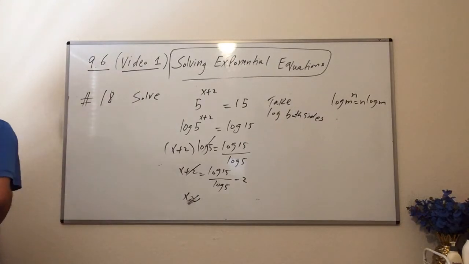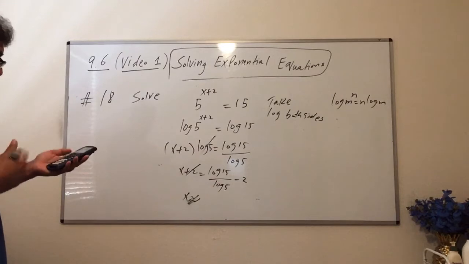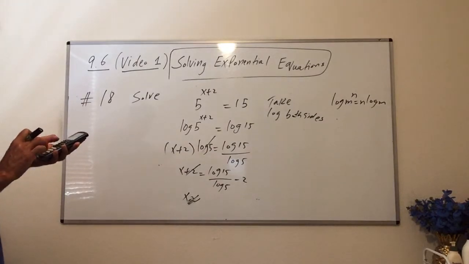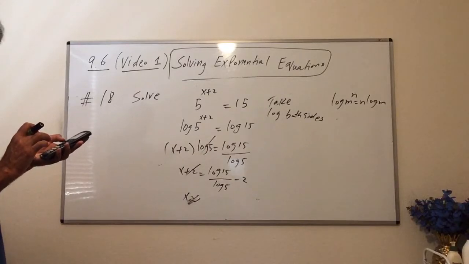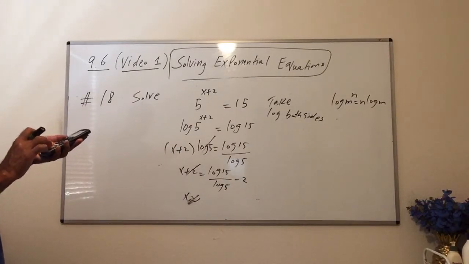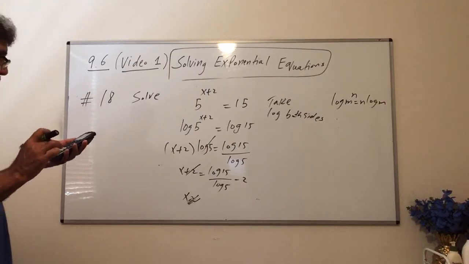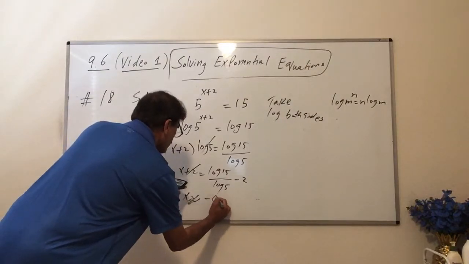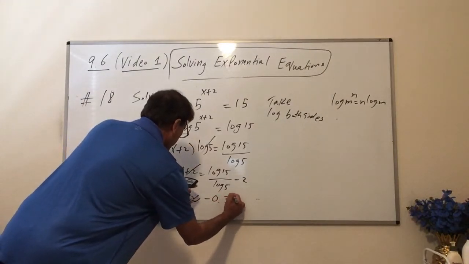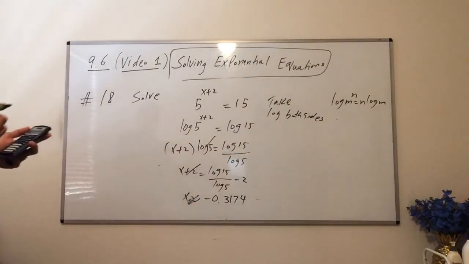This time I don't have the answer in the textbook. So log 15 divided by log 5 equals, then minus 2. Your answer is approximately negative 0.3174. We are keeping the 4 place value, so we are rounding to the nearest 10,000.